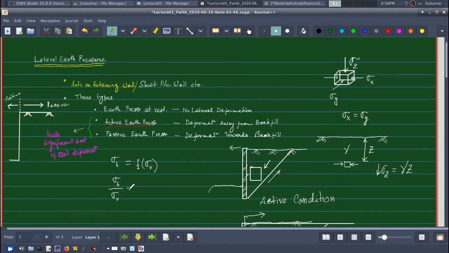I can also call it as, say, sigma x by sigma z. This ratio is denoted by a letter K, and this is called coefficient of earth pressure or earth pressure coefficient.